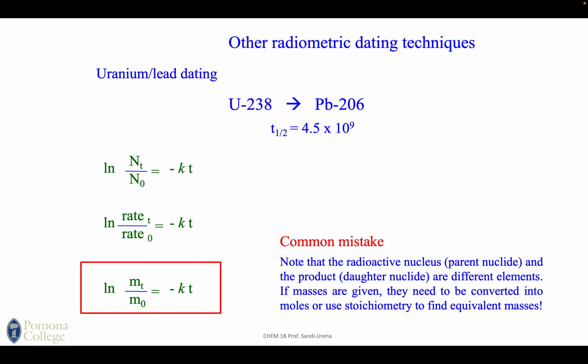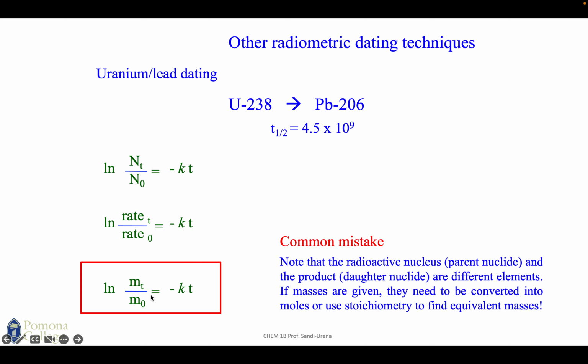And I want to point out a common mistake here. When you use the mass at 2 different times, you need to make certain that you're using mass of the same substance. If you divide, for instance, the mass of uranium-238 over the mass of lead-206, the units would not cancel out.